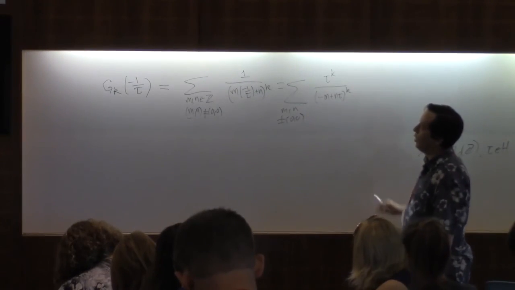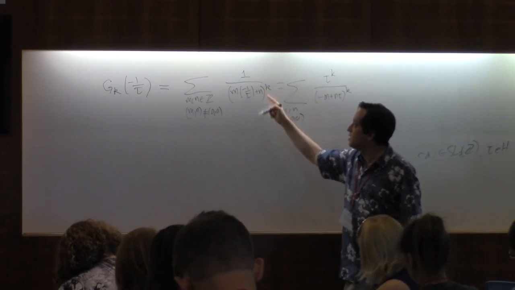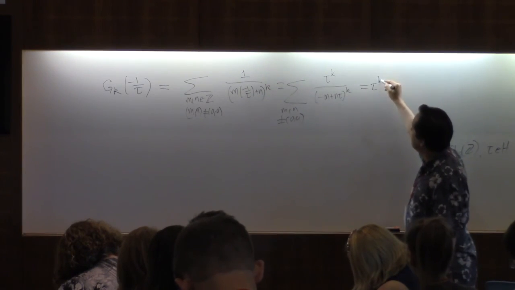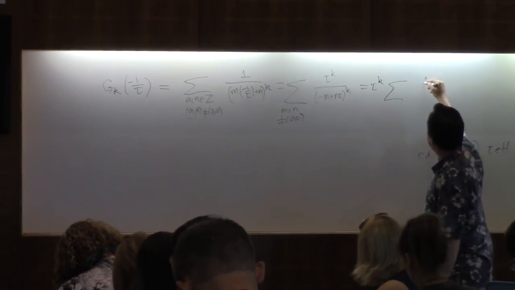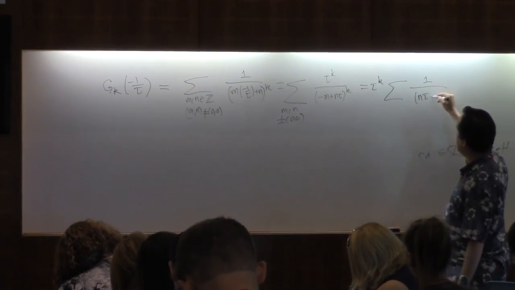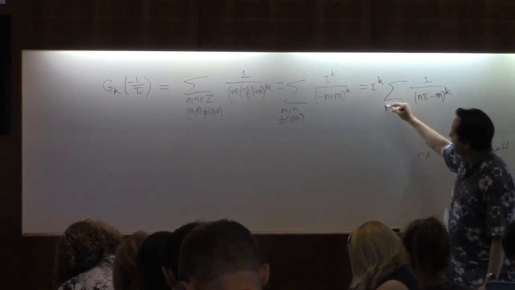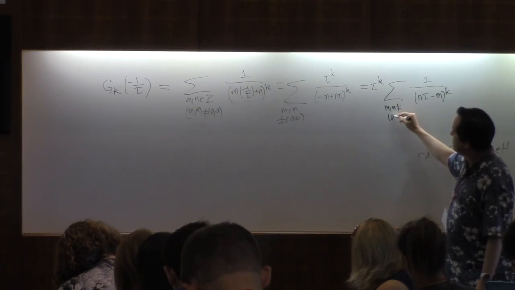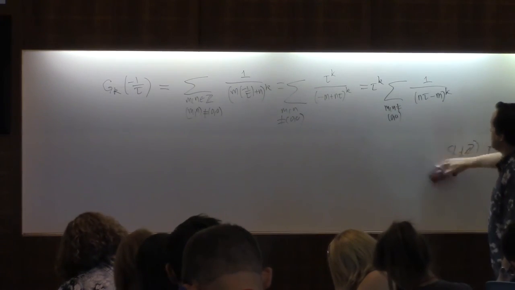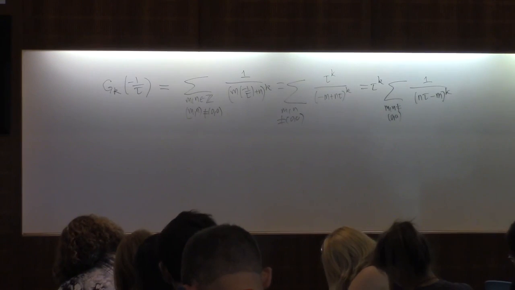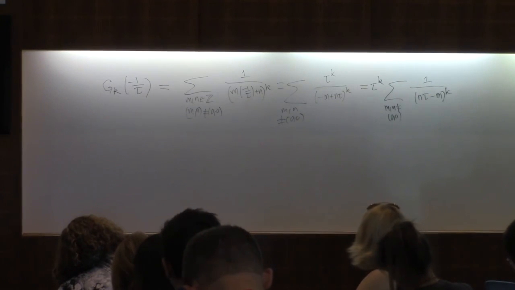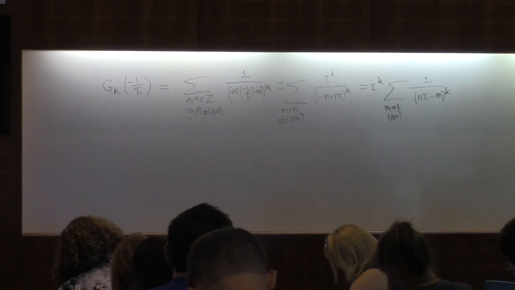So now you see how the factor tau to the k popped out. We understand now why in the definition the exponent k is important there. Take the tau to the k out, and then we have n tau minus m to the k, and not 0, 0. And again, by just rearranging the terms, this is exactly the same definition as before. It's just my old m and n has now become n and minus m.